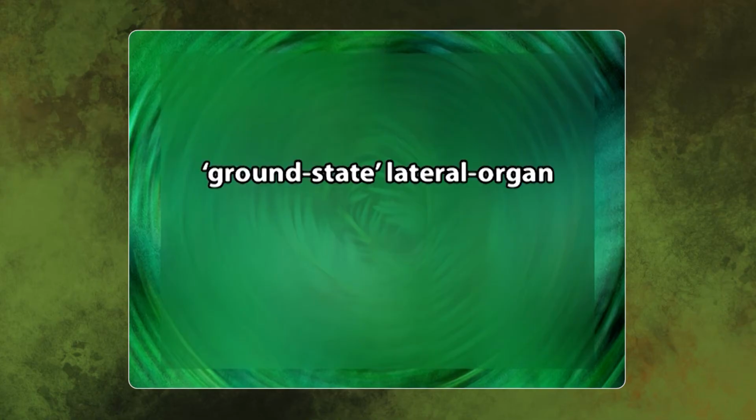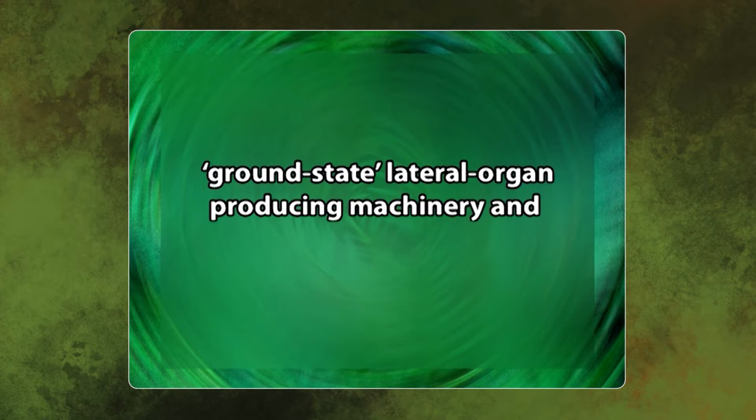In many cases, these products interfere with the ground state lateral organ producing machinery and modify these processes to give rise to floral tissues. Upon reaching adult phase, plants enter the reproductive phase and are competent to flower. The process of floral determination is called flower evocation.